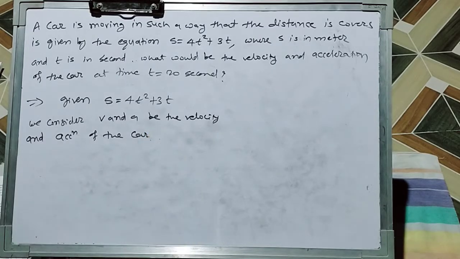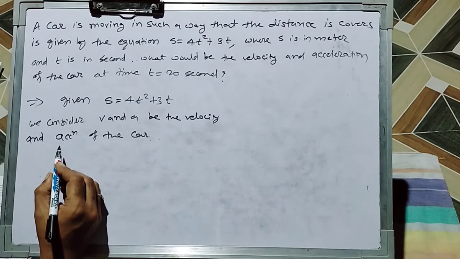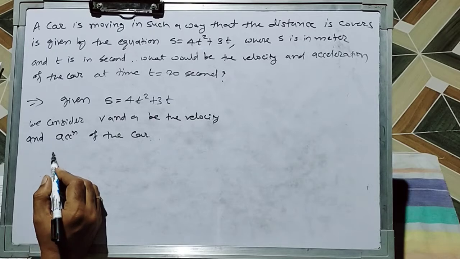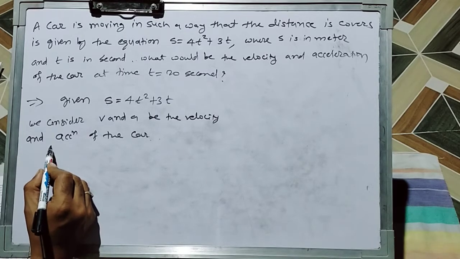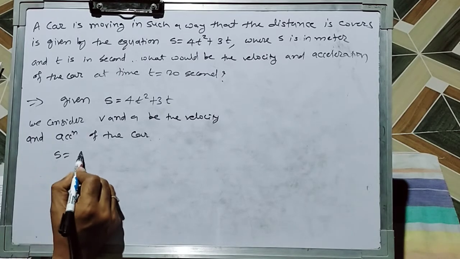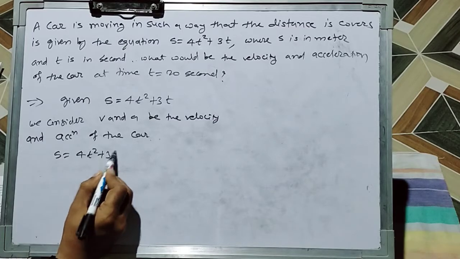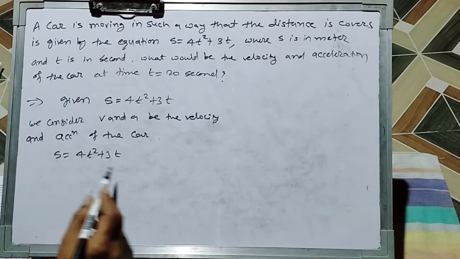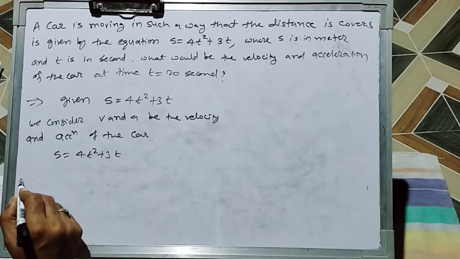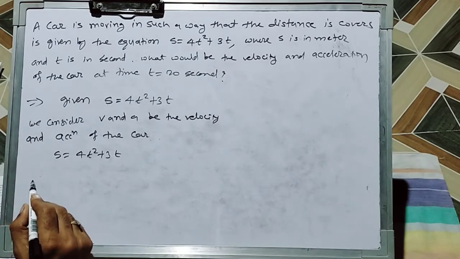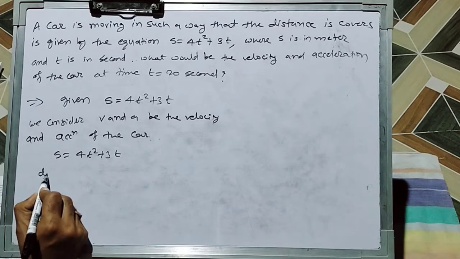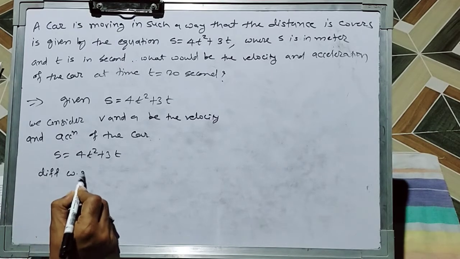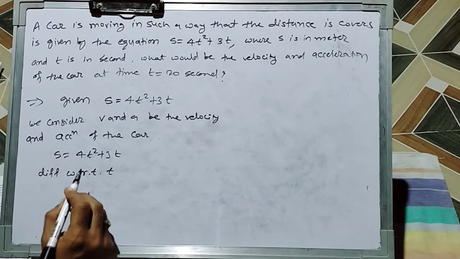Now here we know s equals 4t square plus 3t. Then the derivative of this with respect to time is called velocity. So therefore differentiate with respect to time t.